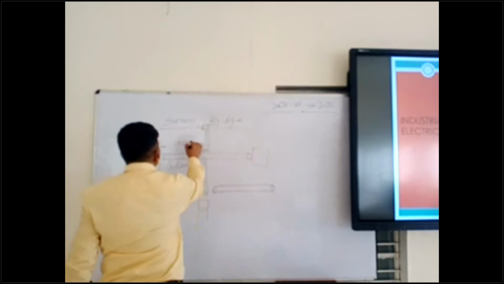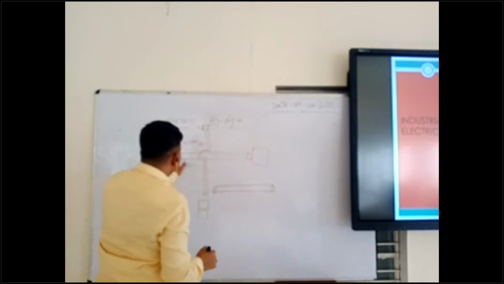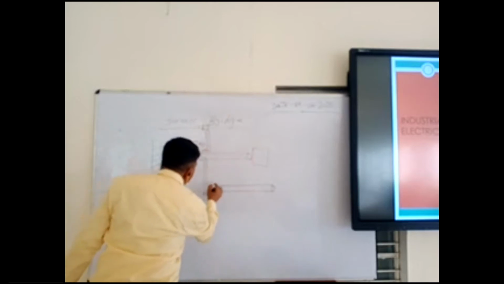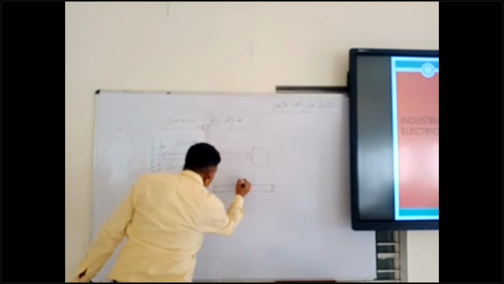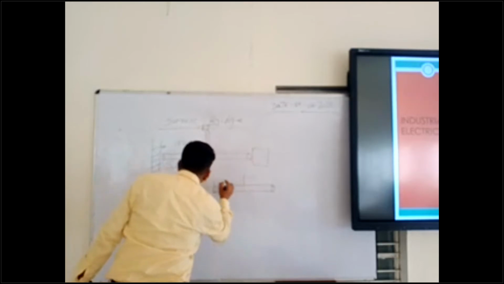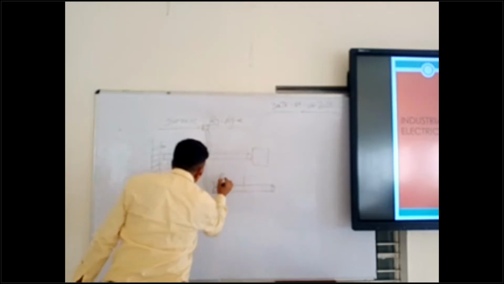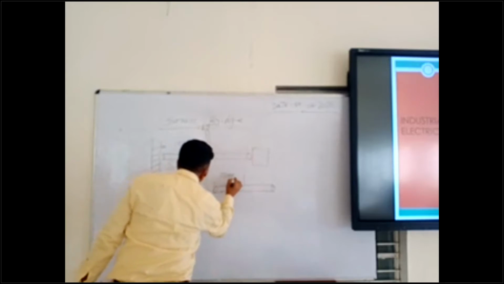Suppose this is 1520 mm. You mark the pipe length from the start to here: 1520 mm.